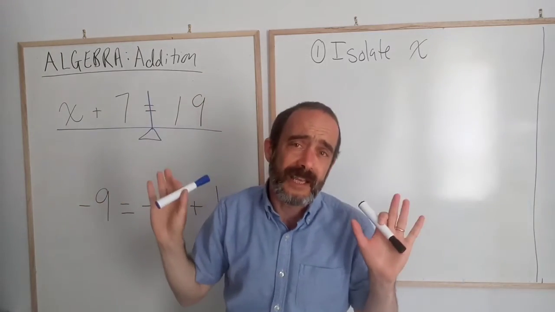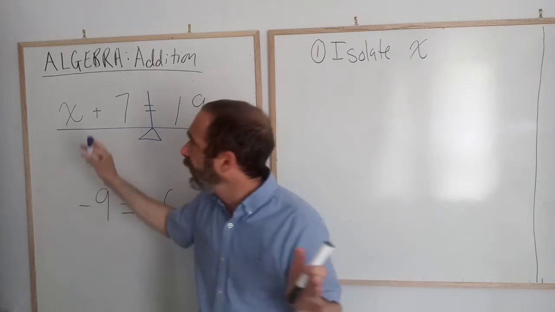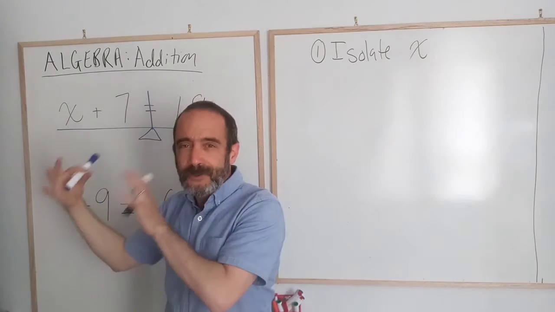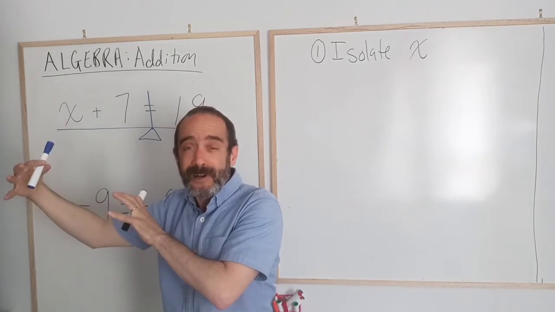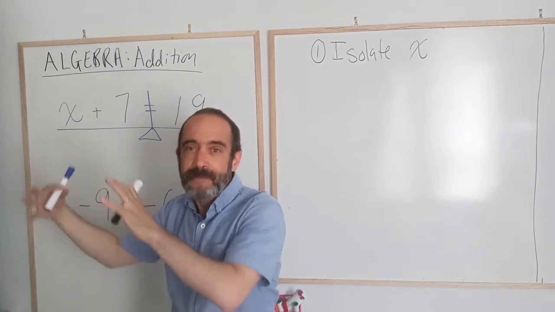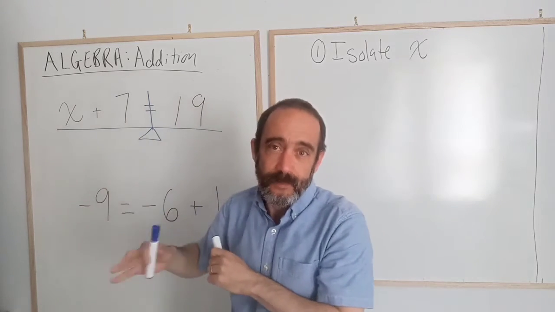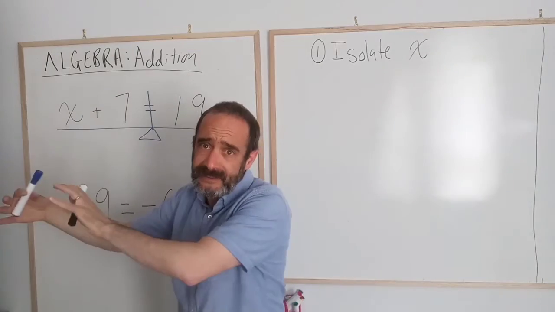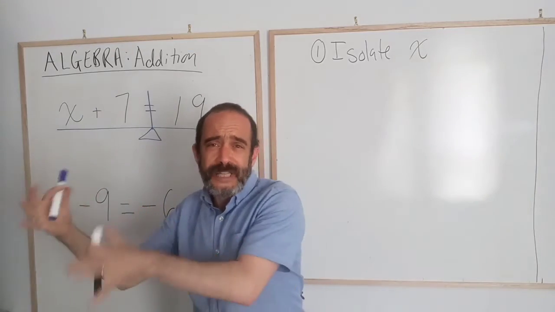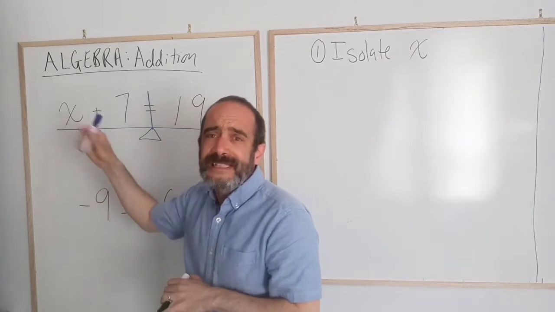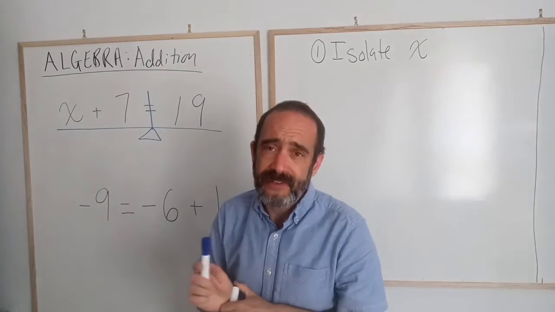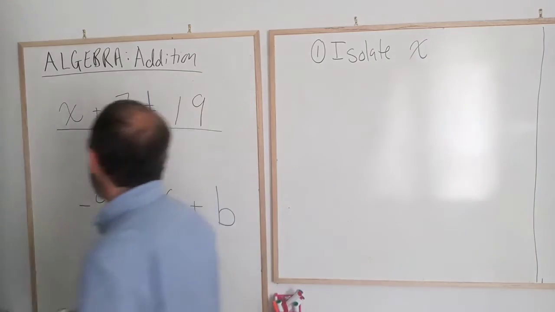It's exactly the same. However, on this side, 19 is written as two different parts. There's an X part and a 7 part to 19, right? But they're both adding to 19. So 19 equals 19. We want to find out what that X part is. So to figure out what that X part is, we have to get rid of that 7 part, the plus 7. So how do we do that?